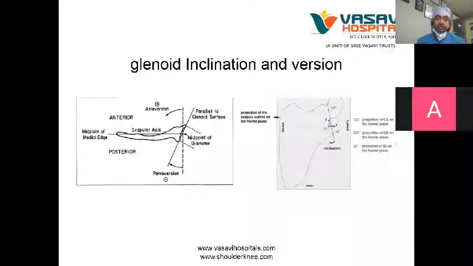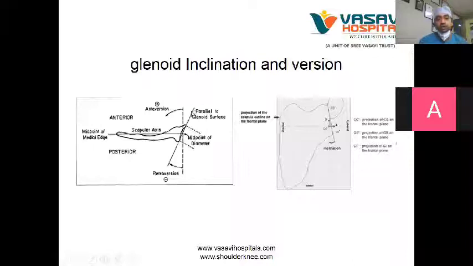And the other thing we need to remember when we make a choice of what kind of replacement to do, and whether to replace the shoulder or not, is the glenoid inclination as well as the version. The picture on the left shows the version of the glenoid. What is version? Version is the angle between the axis of the glenoid, this one, and another line drawn perpendicular to that.